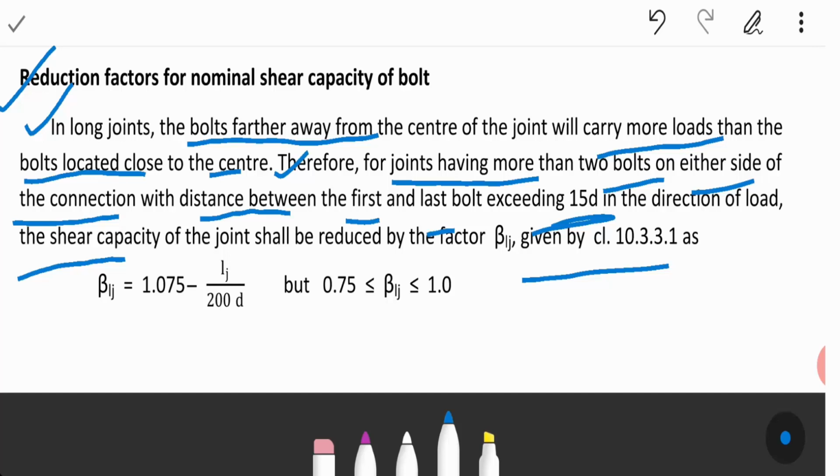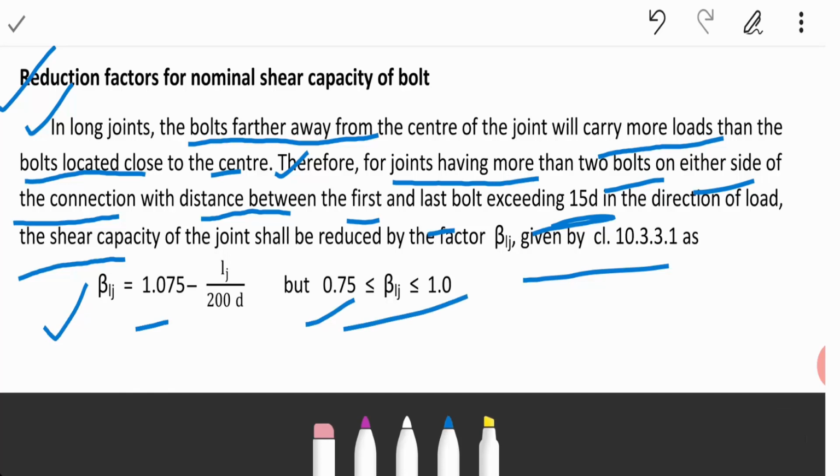So, beta lj is equal to 1.075 minus lj divided by 200d, but 0.75 less than or equal to beta lj less than or equal to 1. Right?